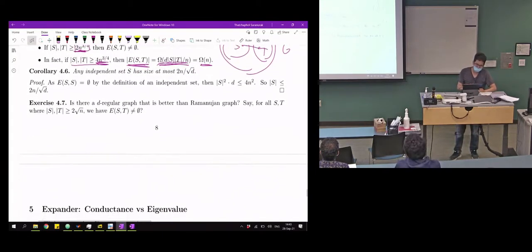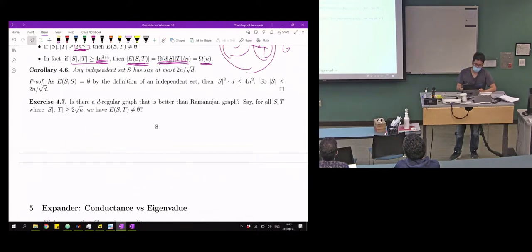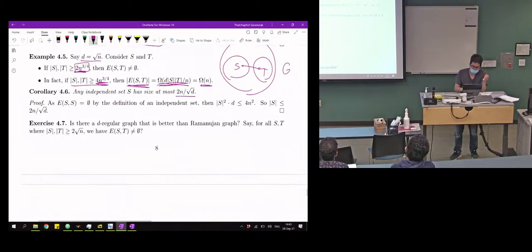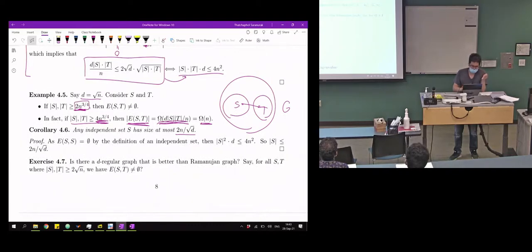You also have that if the graph is Ramanujan, then an independent set cannot be large. In a clique, an independent set can be at most 1. But in a Ramanujan graph, you have something non-trivial: it can be at most n over root d. And why is that?